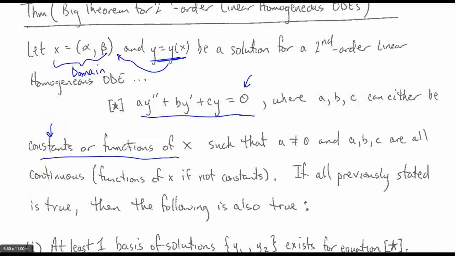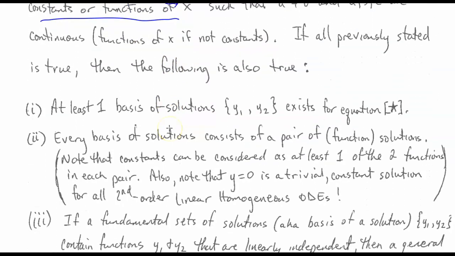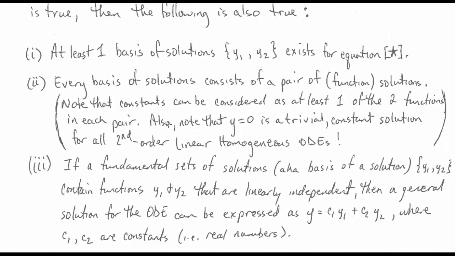And then afterwards, when we start to talk about the Euler-Cauchy or Euler equations or Cauchy equations, depending upon how you want to say it, then we'll be talking about ones where we have just functions of X as the coefficients. So if we have all that in place, then we know that the following are true.